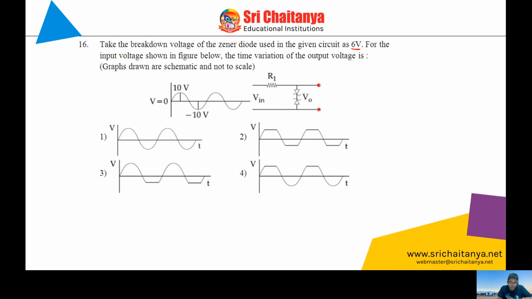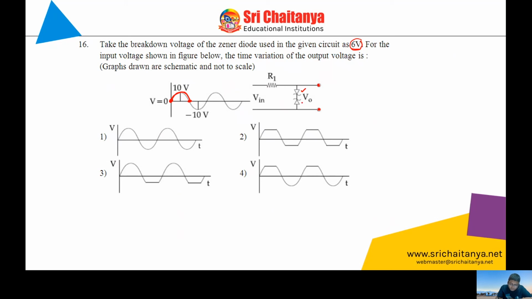Now you should realize that for each half cycle, let's say from this position to this position, the voltage is changing from 0 to 10 and back from 10 to 0. Since the Zener breakdown voltage is 6 volt, from 0 to 6 volt this diode will be forward biased, it will not do anything.